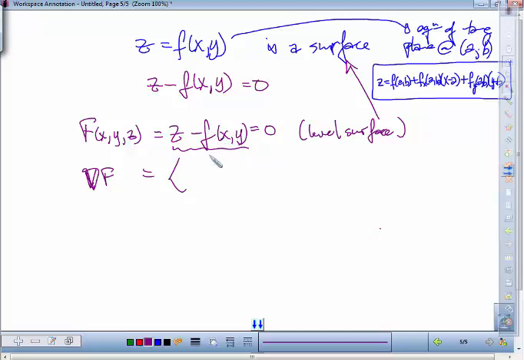That's just fx, right? Oh, except there's a negative sign. And then the derivative with respect to y, again, z is a constant, so this is just fy, oh yeah, with a negative sign. And what's the derivative with respect to z?